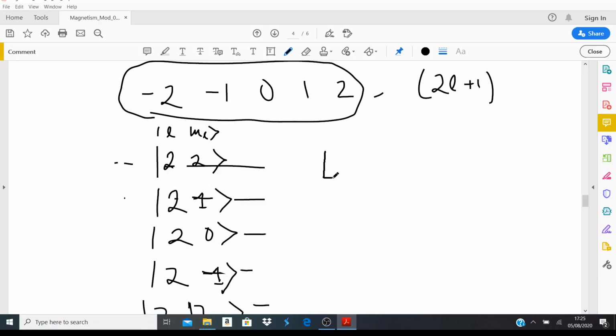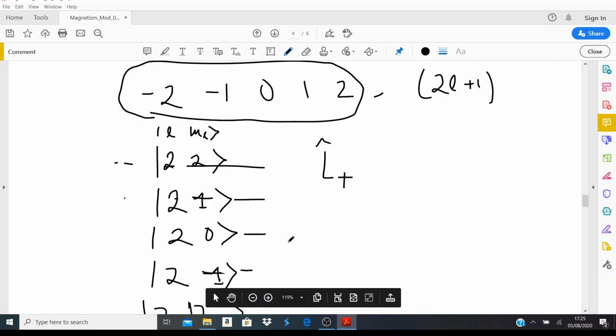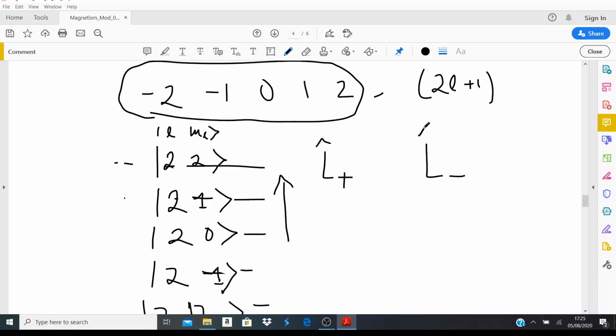Then you need 2 operators, which are denoted by L plus, the plus denoting that this will help you to go upwards in the ladder, and another one is L minus, and this will help you to go downwards in the ladder, right? So let's say we are sitting on this step, right? And if I hit this step with this operator, this will produce this one. But when sitting here, if I operate with L minus, I will go down in the ladder, right? That's what these 2 operators do.